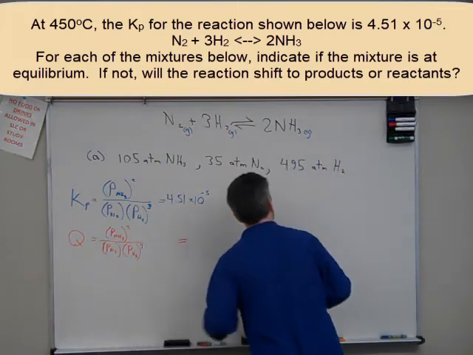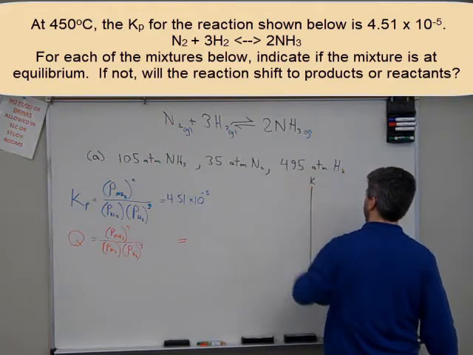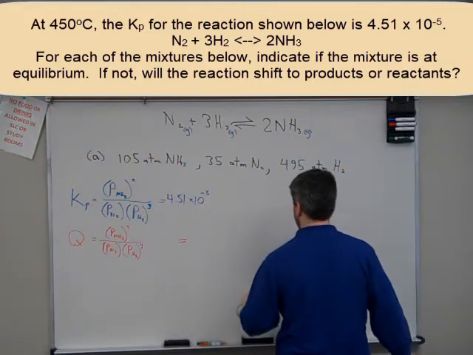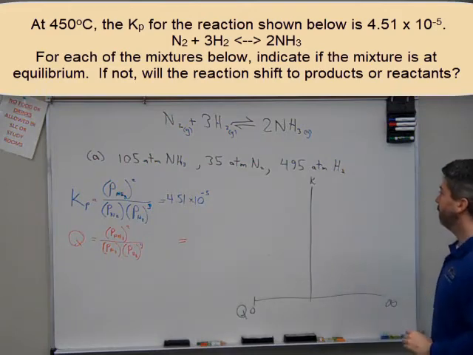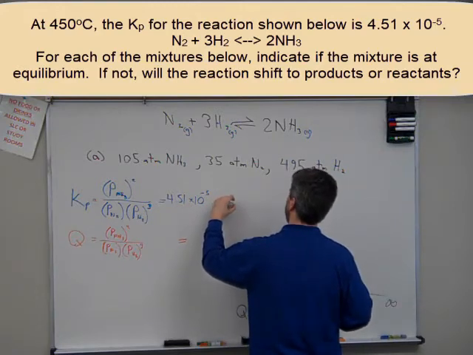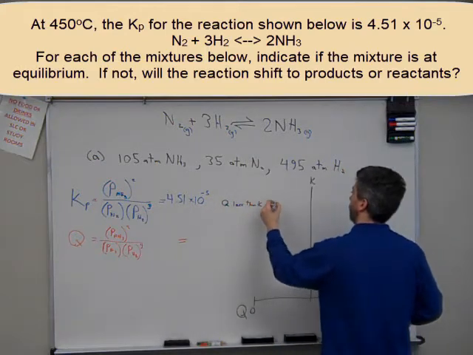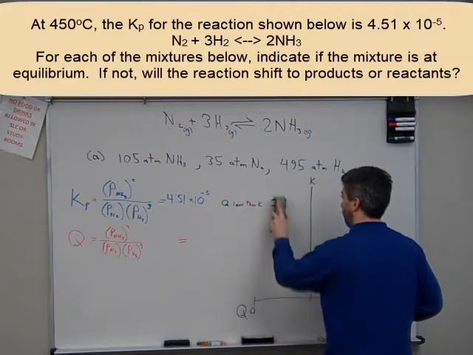You can also think of it like this in terms of visual. So if this one particular value is K, and Q can be anything along this range starting from 0 and going to, I don't know, infinity. So if Q is less than K, let's say Q is right here.